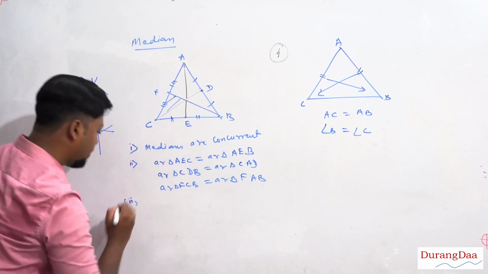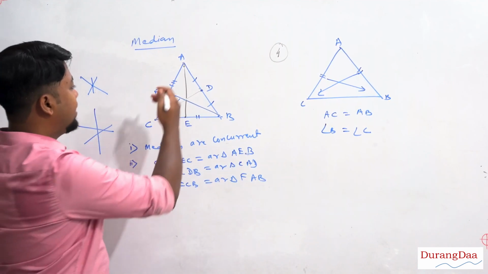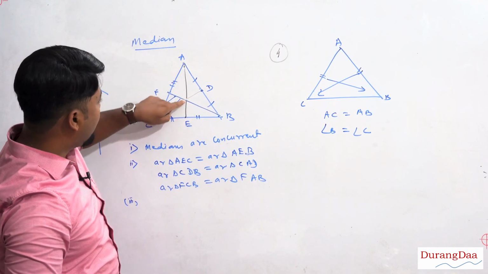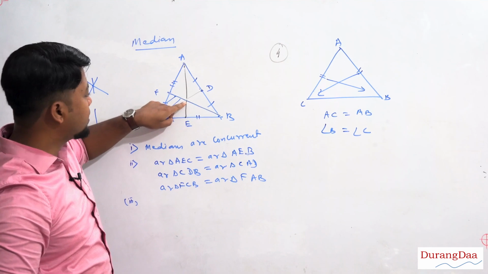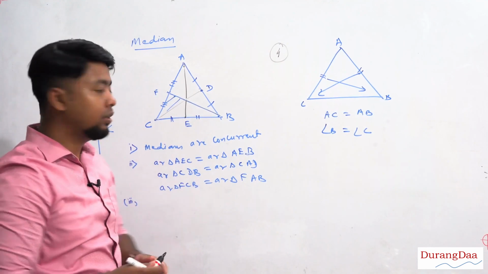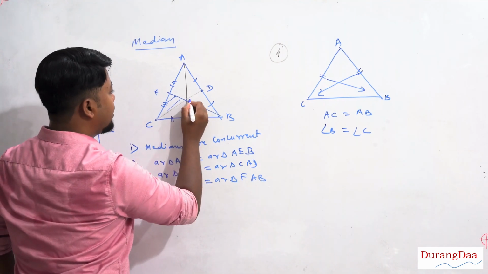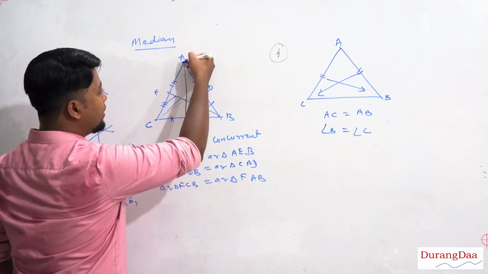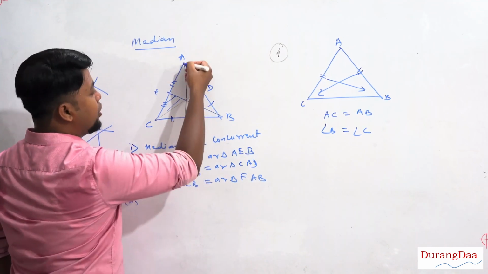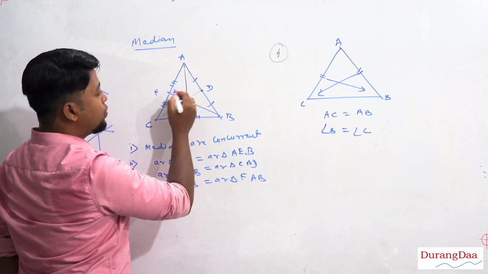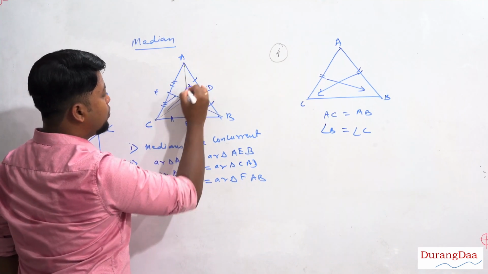Next point about medians: the point of intersection of the medians divides the medians always in the ratio of 2:1. So, suppose this point here, if I name it as O, the point of intersection O is dividing this median into two line segments in the ratio 2:1. That means, AO would be 2 and this would be 1.